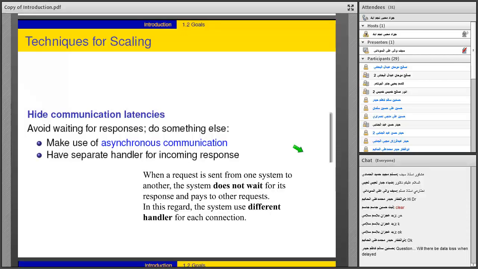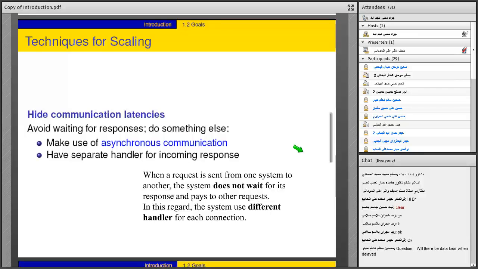But in a different technique, when machine 0 sends its request to machine 1, these machines work cooperatively. In this state, when machine 0 sends one request to machine 1, it can continue its work and doesn't wait for the response.